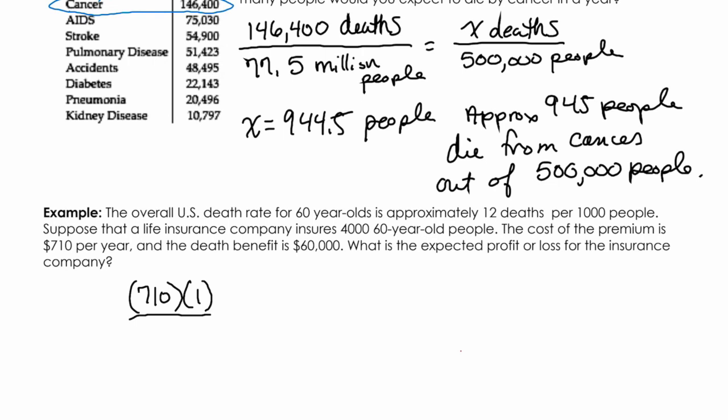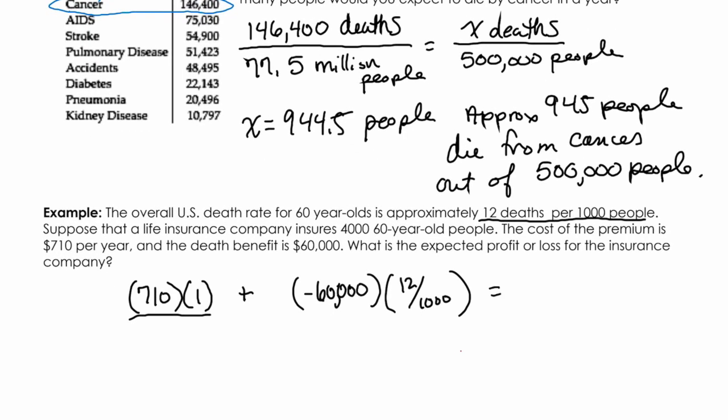And we multiply the value times the probability, and the value to the company would be a positive because they're taking in that money. However, then it states that the death rate is 12 deaths per 1,000 people. And if someone dies, they have to pay out $60,000. So for the next event where they have to pay out, they would have a loss of $60,000, and the probability of that happening is 12 out of 1,000.